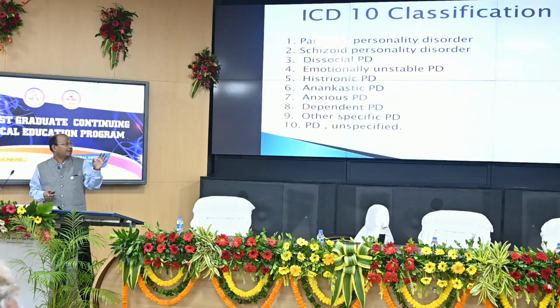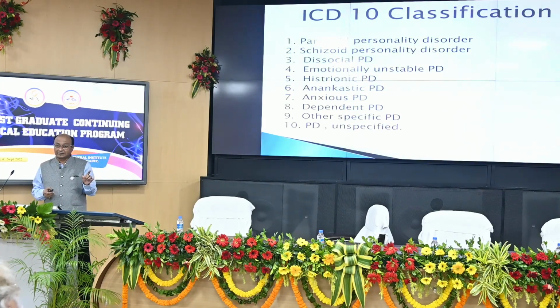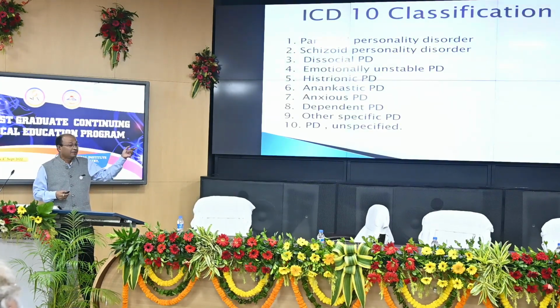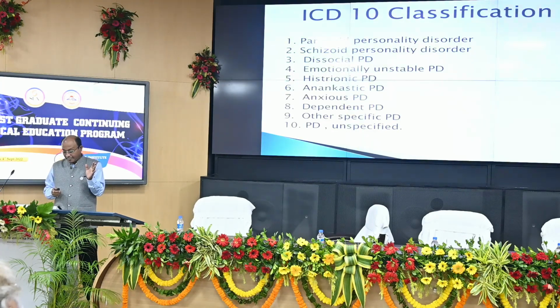Borderline is there, but it has been classified as emotionally unstable personality disorder. That is the difference. So terminology is different. There were 12, but here in ICD-10 it is 10.